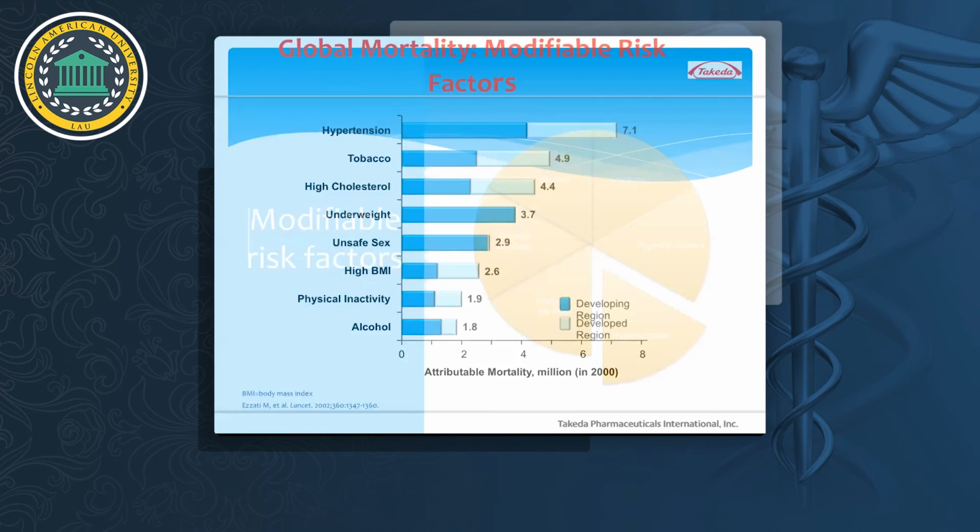And if you see how much the mortality is increased by these modifiable risk factors: tobacco, high cholesterol, underweight, high BMI, unsafe sex, physical inactivity, alcohol. They're all modifiable, but the mortality is highest with hypertension.